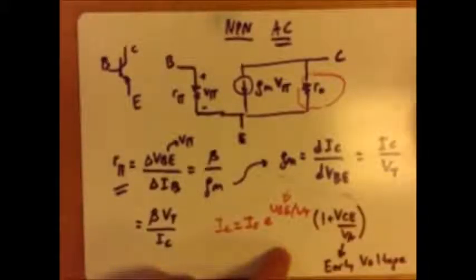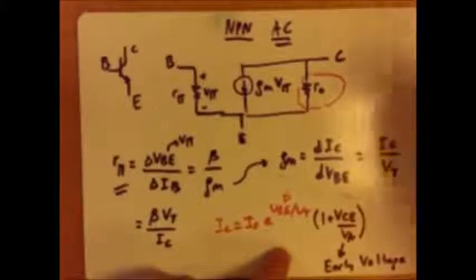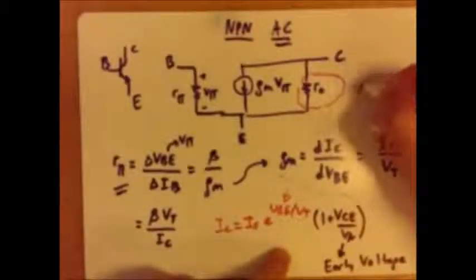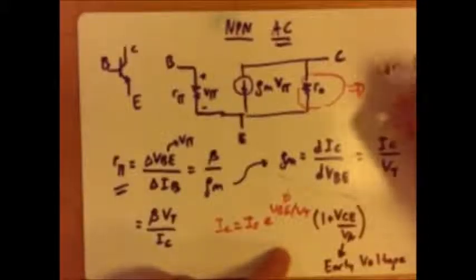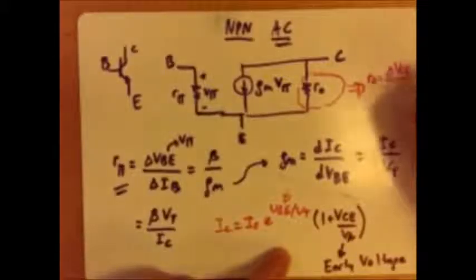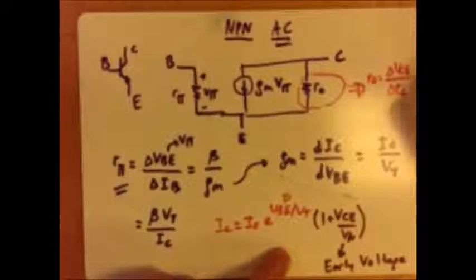So therefore your output resistance here is defined as the collector emitter voltage change with the current change, and this is given as VA over IC.